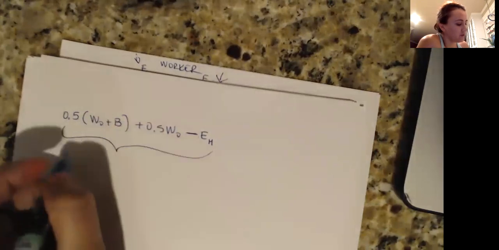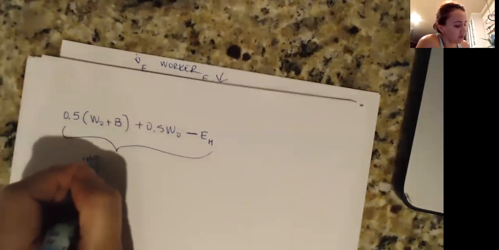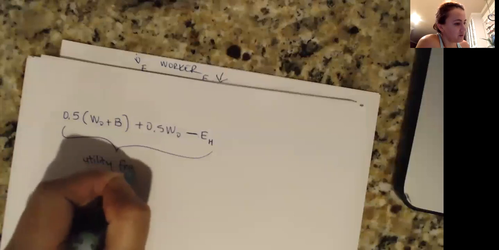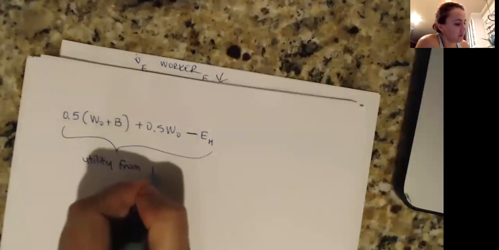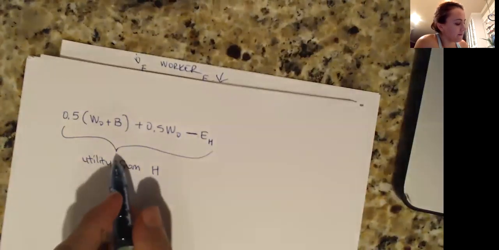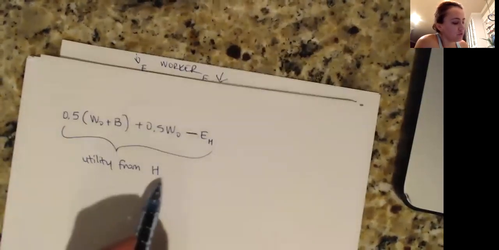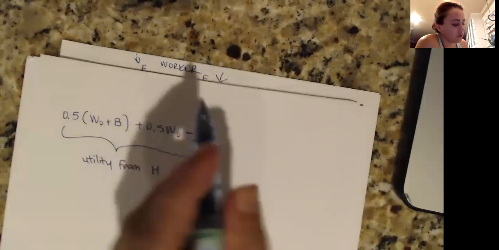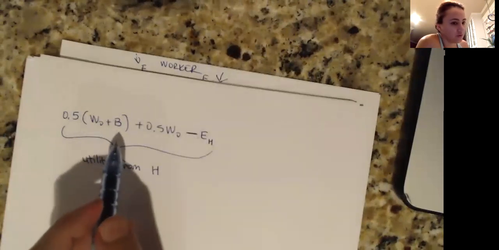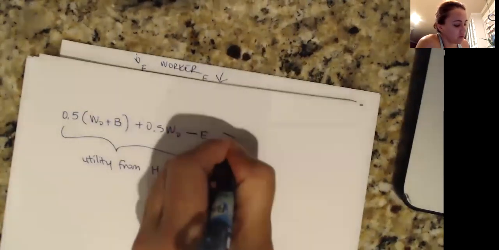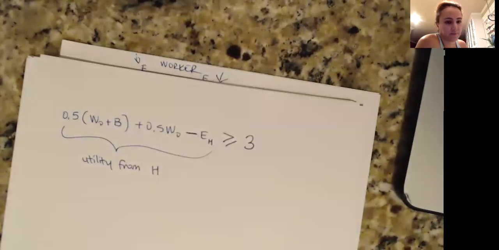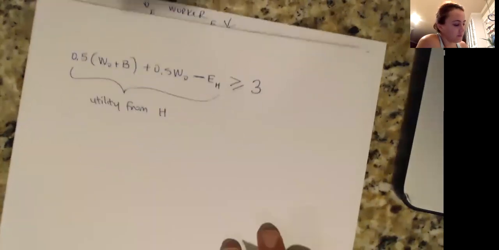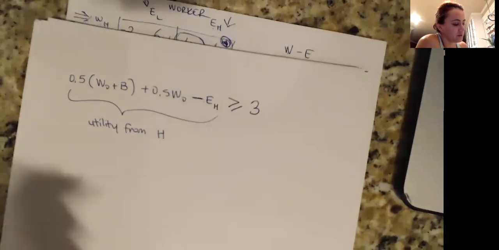So this is their utility from H. I want this person to work for me, which means that I don't want this guy to go to his outside option. So this has to be greater than 3. Does this make sense?